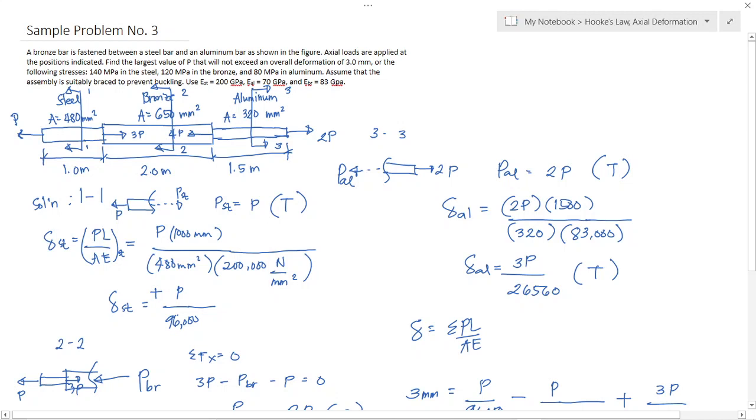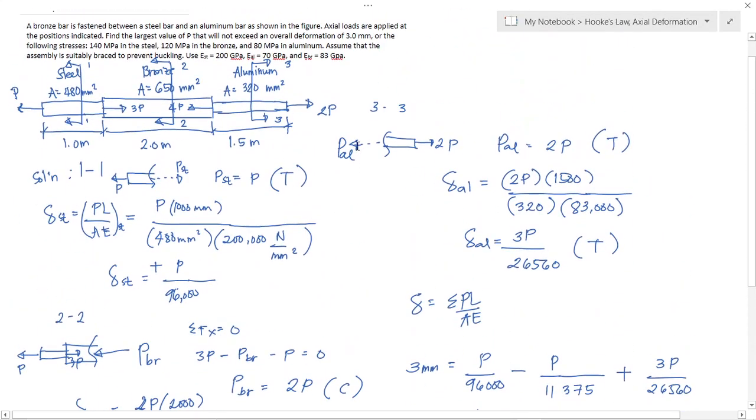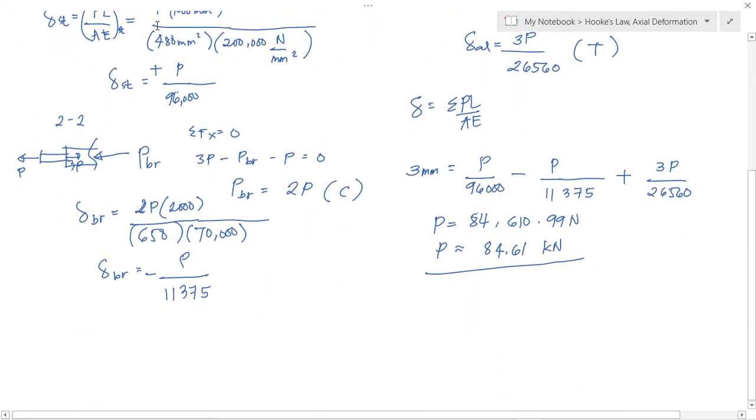So, pag chinek mo yun, makikita mo dito that sa steel, nakita natin that the P is P. Okay, so, sabi dito, the allowable stress ng steel is 140 MPa.